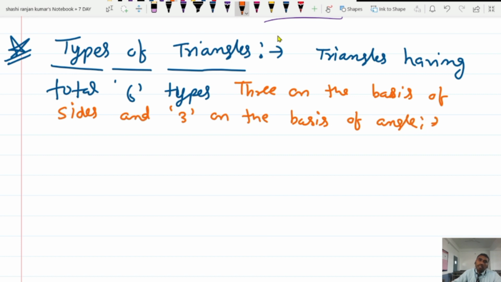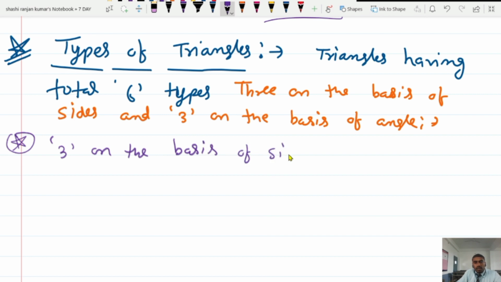Let us first discuss the types on the basis of sides.